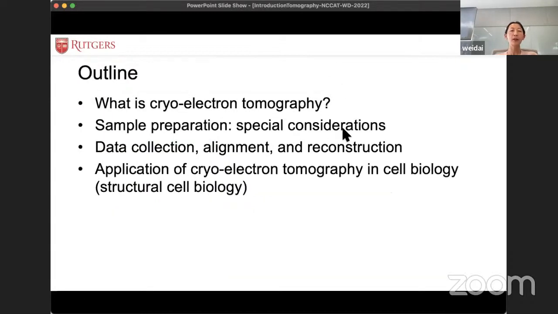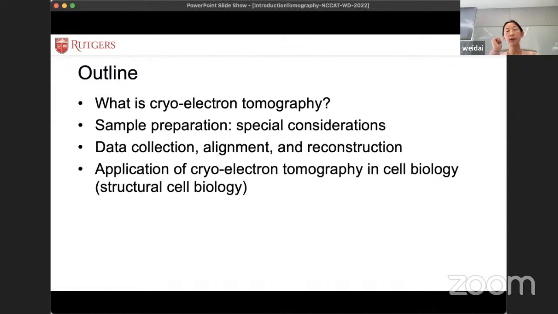Okay, so we talk about sample preparation, data collection. Next, we are going to move on to application of cryo-electron tomography in cell biology. Because cryo-electron tomography allows you to resolve the structure of the protein complex almost in their very native environment.